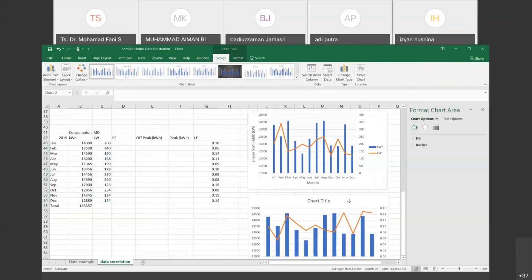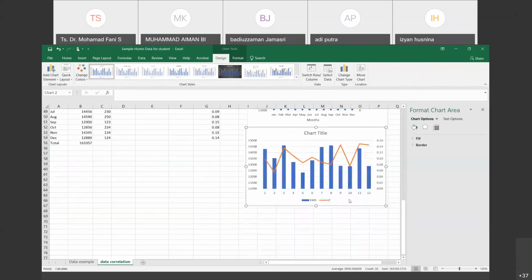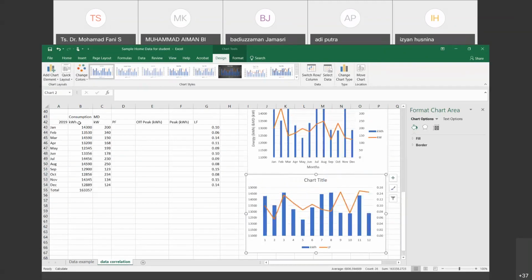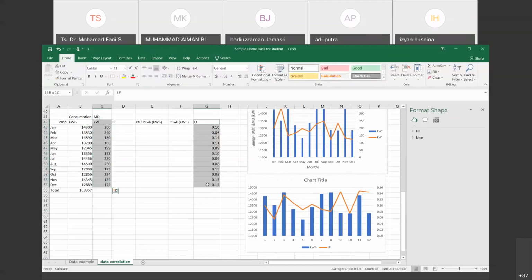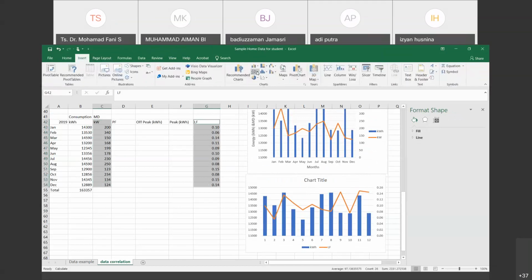Okay, something like this for the consumption and load factor. And then we can also analyze the performance of the load factor to the maximum demand, because those are two of the parameters we consider in the formula to get the value for the load factor, right?